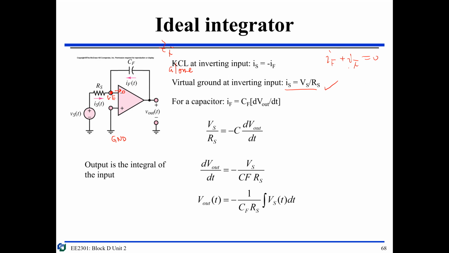This is Ohm's law. The capacitor has a constitutive equation. Don't ask me why this is the case, the capacitor is doing that. So we have this one, then we know that VS and RS, you have this V out.